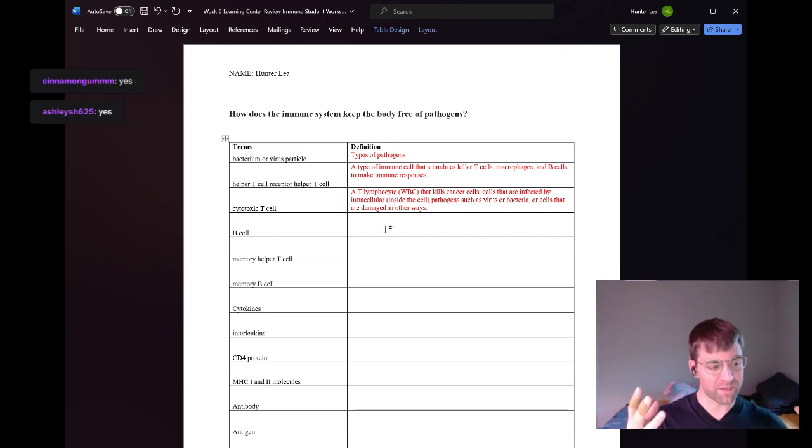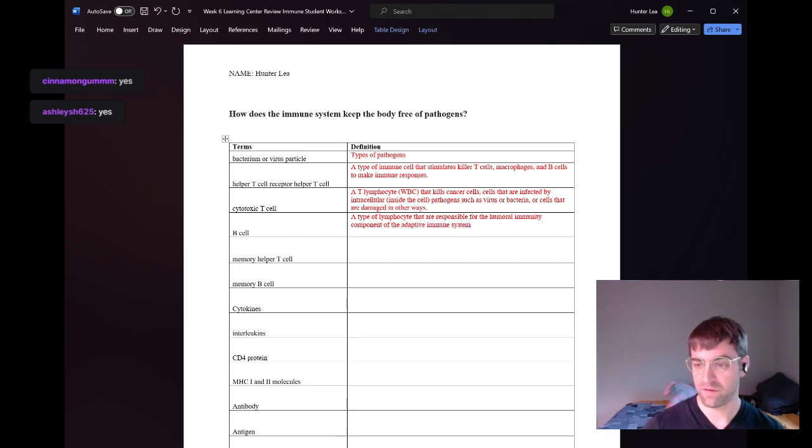Innate being the ones that are always active, and adaptive being the ones that emerge in response to specific pathogens.